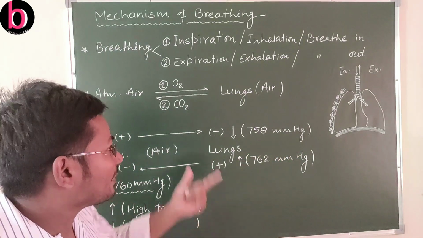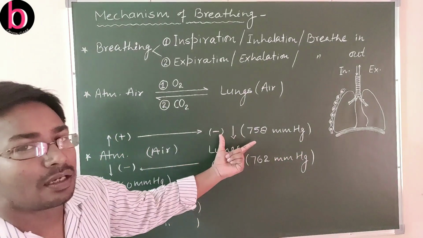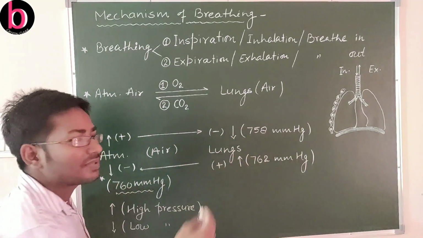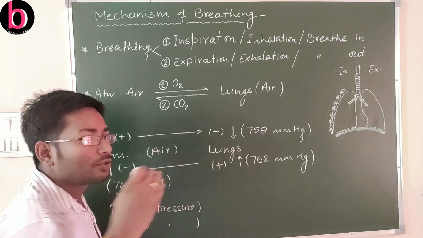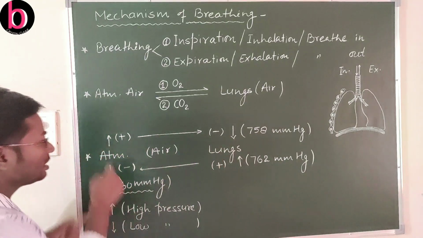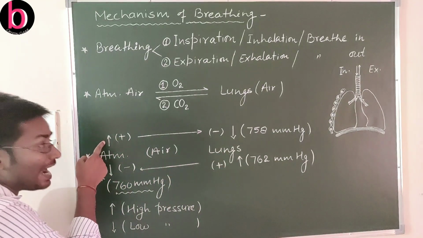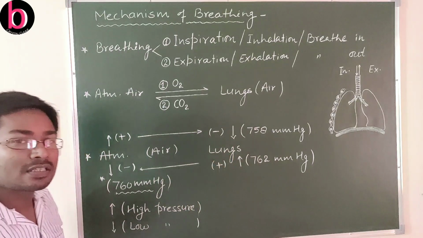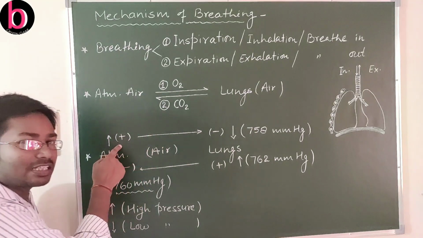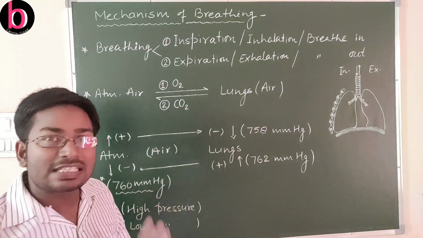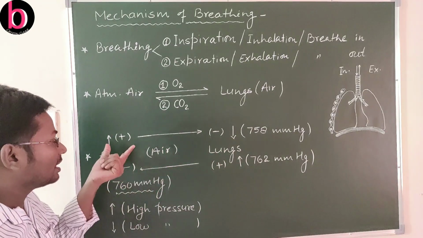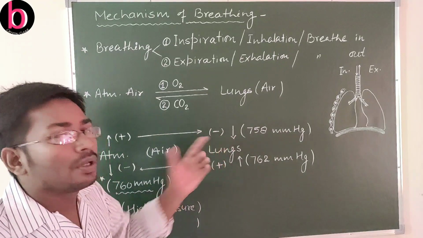So when atmospheric pressure is this and lungs pressure is this, there is a difference of 2 mm Hg. So this is less with respect to this. Here we can say atmospheric pressure is high with respect to lungs air pressure. So this is positive pressure, and here this is negative pressure. So air is moving from atmosphere to lungs.